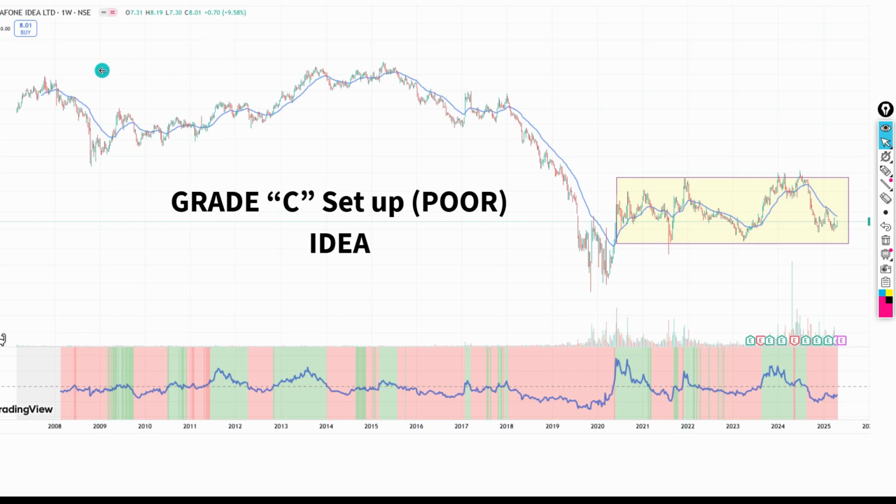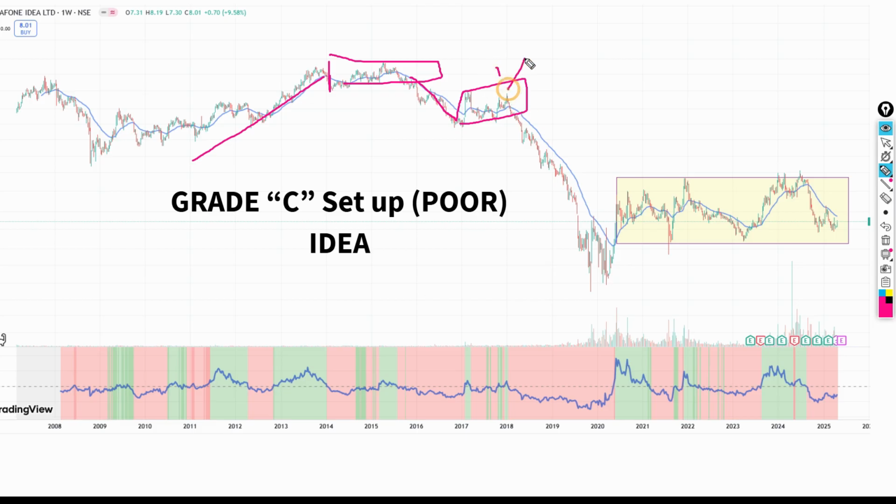So this is another stock idea, Vodafone. You can see here also, after this stage 2, the stock formed this small consolidation. Then it went into stage 4, and then it formed a small consolidation, which again you can call stage 1 also.